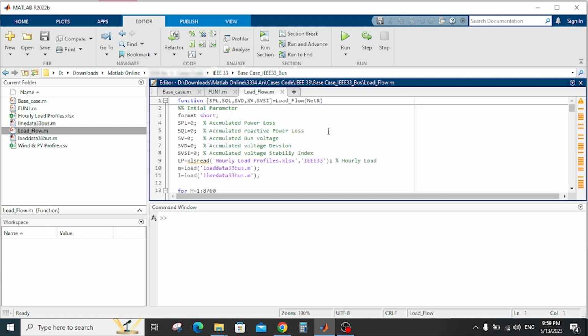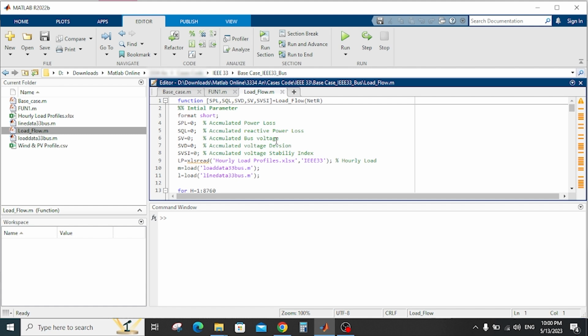We start with the load flow, and after that we enter the network. After we enter the network, we also define some parameters such as accumulated power losses, accumulated reactive power, accumulated bus voltage, accumulated voltage deviation, and accumulated stability index, because now we try to make the load flow for all the years.